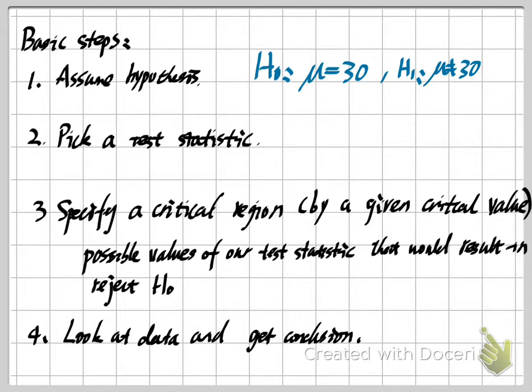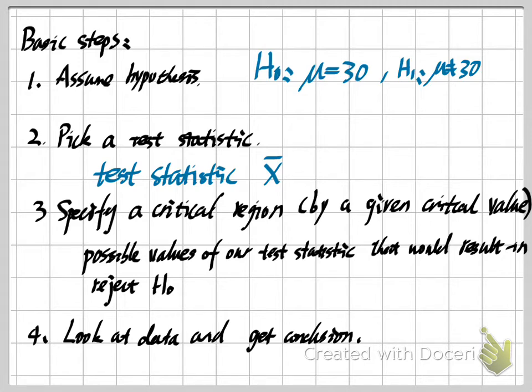However, if our test statistic value is normal, then we can accept our H0. For a population mean equal to 30, a reasonable test statistic is our sample mean, X bar.